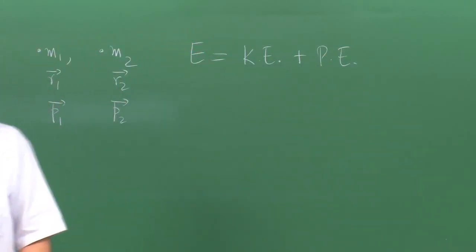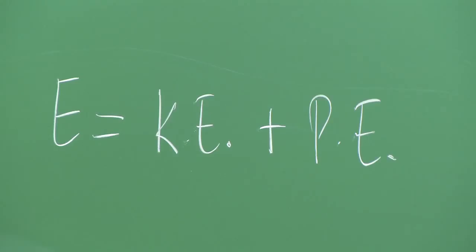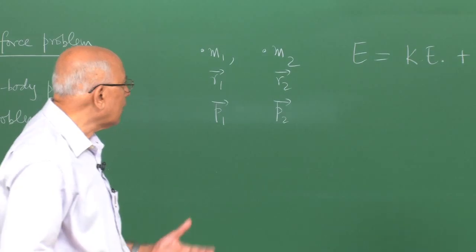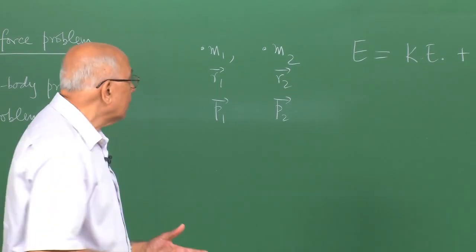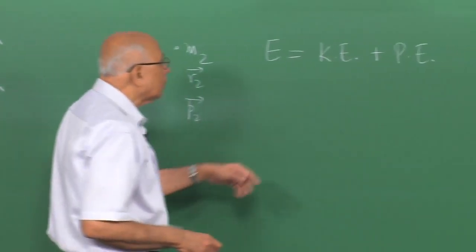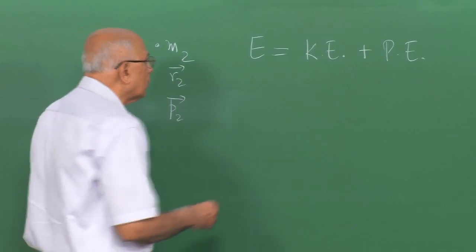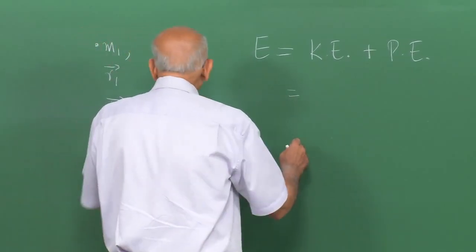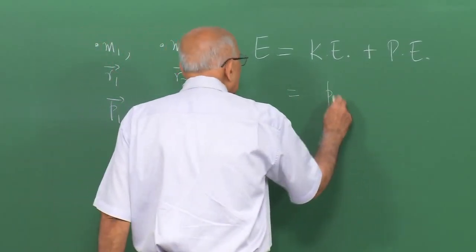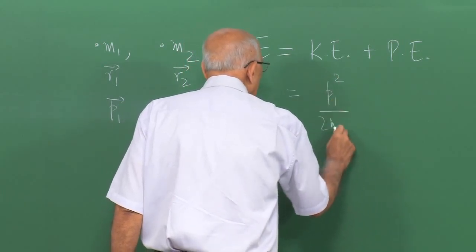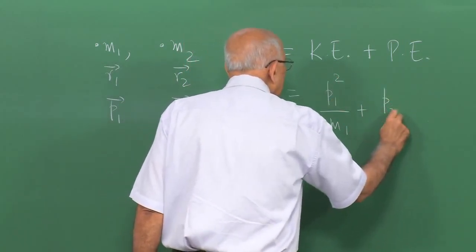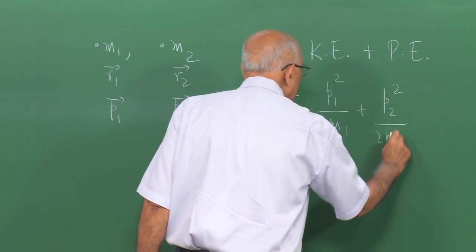And we believe that because time is homogeneous, there is nothing to specify what the origin of time is one way or another, we can prove that the total energy is a constant of the motion, and this is given by the sum of kinetic energies. So it is P1 squared over twice m1 plus P2 squared over twice m2.